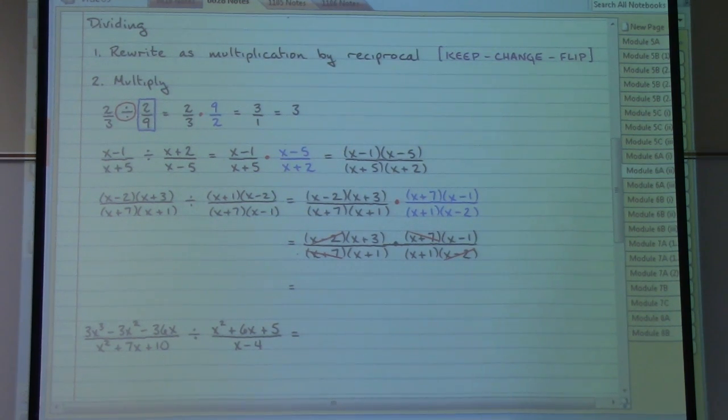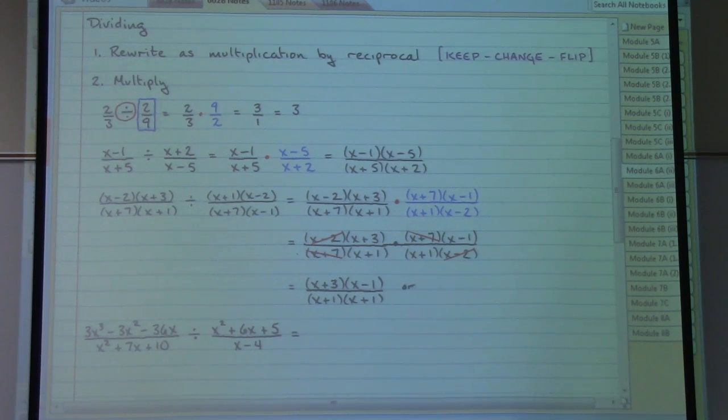So we can take our answer from the remaining pieces, and the direct way would be to have the x plus 3 times x minus 1 up on top, and the x plus 1 times x plus 1 on the bottom.